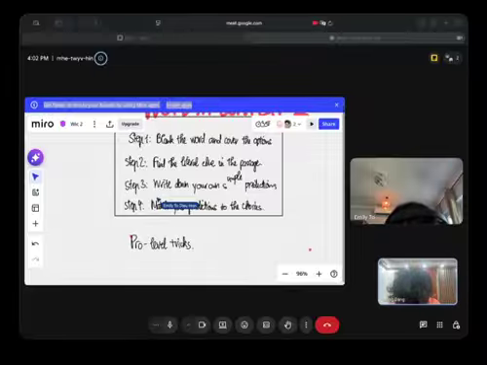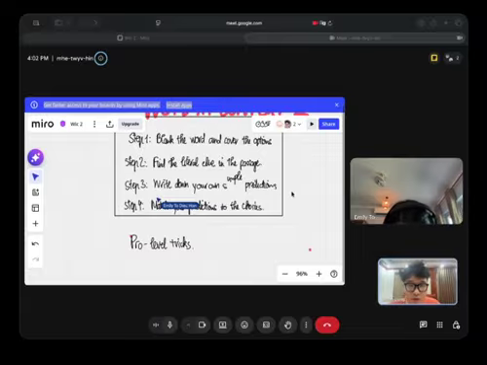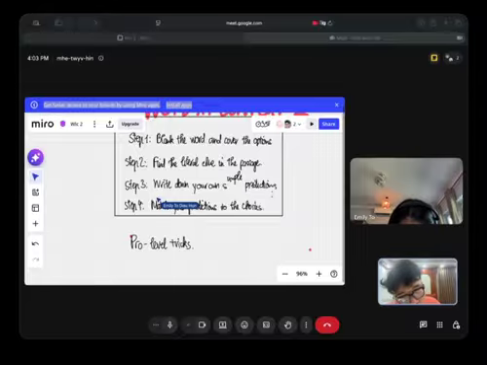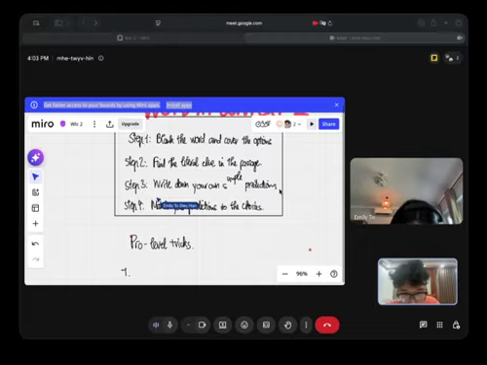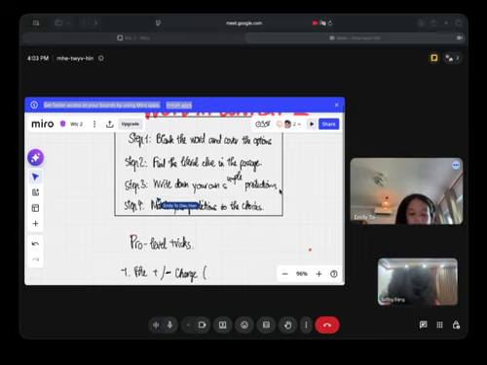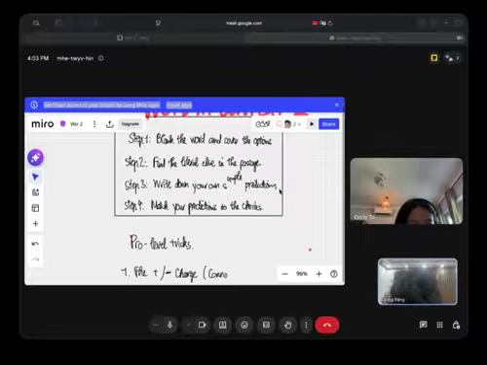Okay, so the pro level trick, the first trick is the positive and negative charge, also known as the connotation mapping.